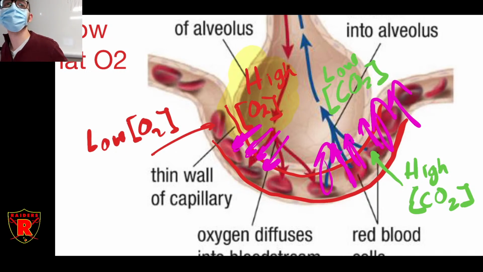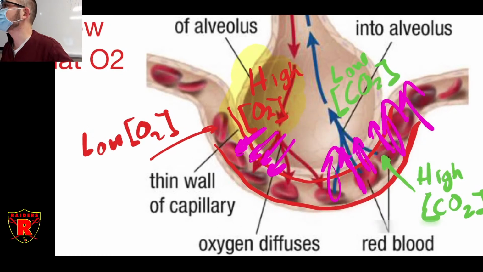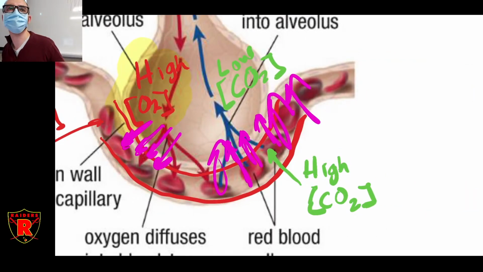There's really no way for your body to know, based on oxygen, if you're breathing too much. How does your body know if you're breathing too much? The oxygen system doesn't change. It's based on CO2. Everything is based on CO2, which is really interesting. Your entire regulation of your respiration is completely based on CO2.